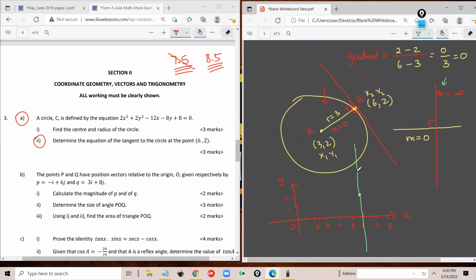Obviously if this point is 6, 2, that means if we continue the line, it will go through 6 on the x-axis. From normal boring maths, what do you call a perfectly vertical line that goes through 6 on the x-axis? Well, what's the equation of that line? It's a special line you're supposed to have learnt.